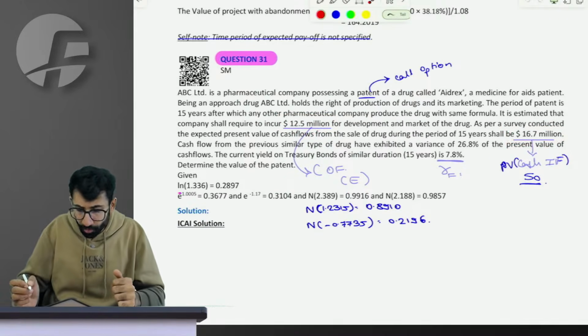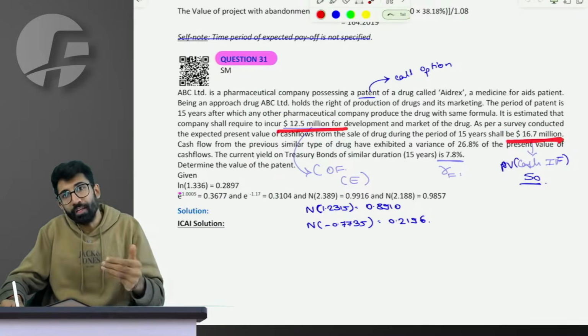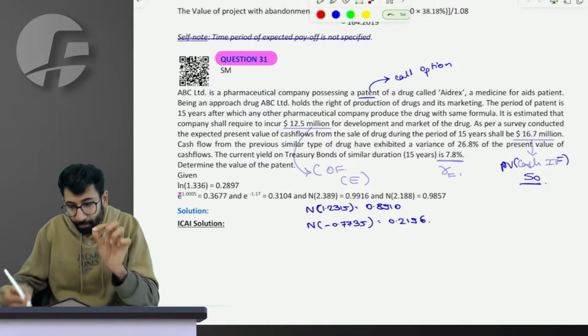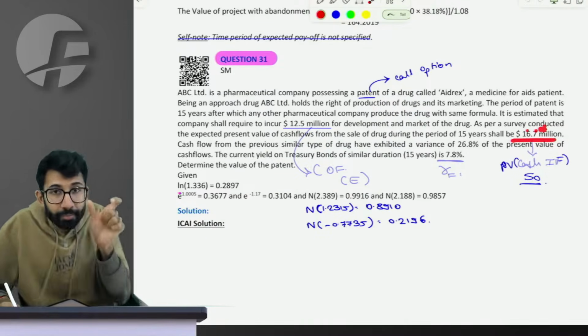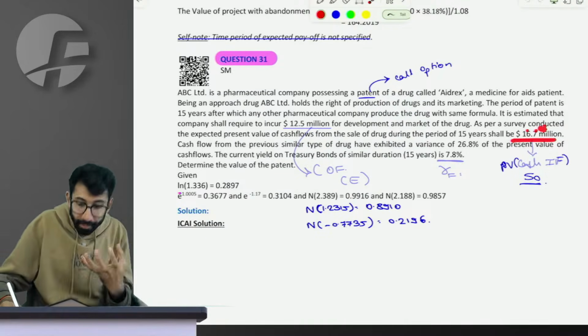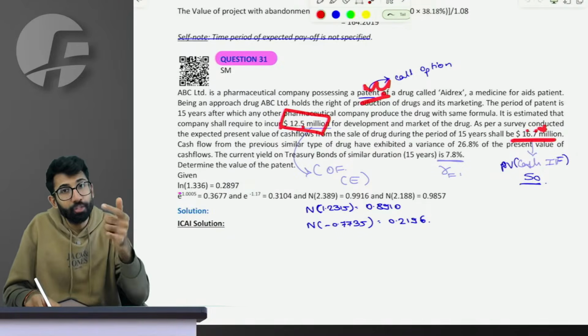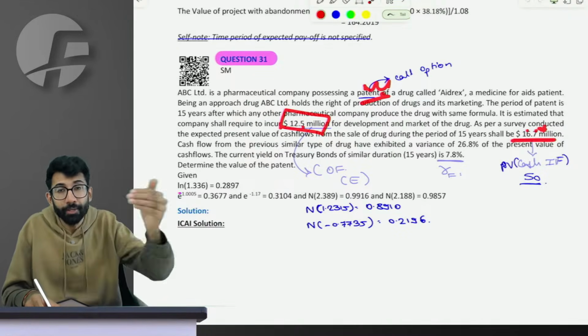Cool. If you read the question only till here, you will feel the value of the option is the difference between the two. Meaning to say, something which has a value of 16.7 million today, I can get by investing only 12.5 due to the patent. So due to the patent, I could buy at a price of 12.5 something whose value is higher.